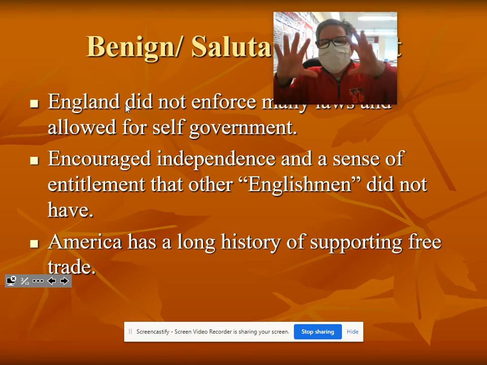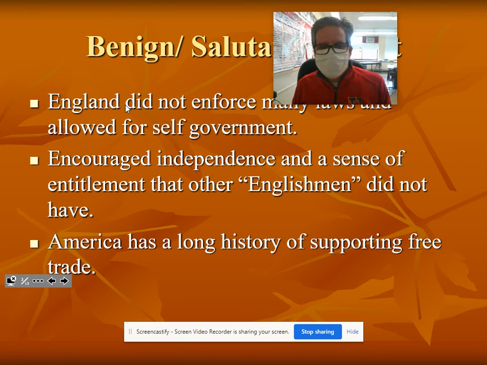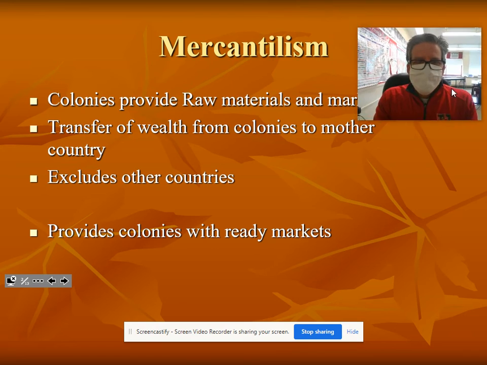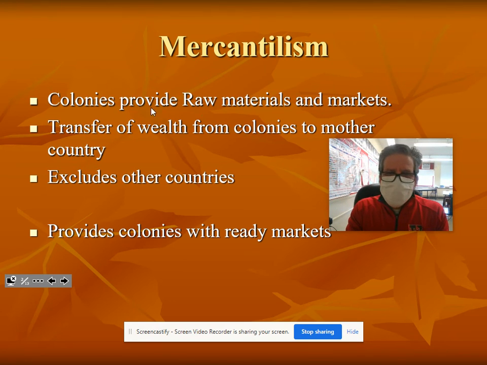So what is the benefits of salutary neglect? I feel like salutary neglect sounds negative, but to the colonists, the benefits of salutary neglect was essentially, and let's see if I can go back real quick, they get all the positives of mercantilism with very little of the negatives because they are still able to work around the restrictions.